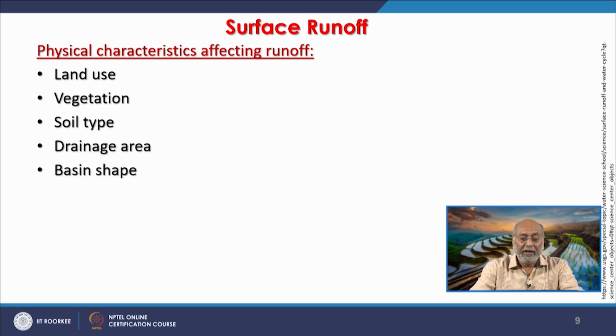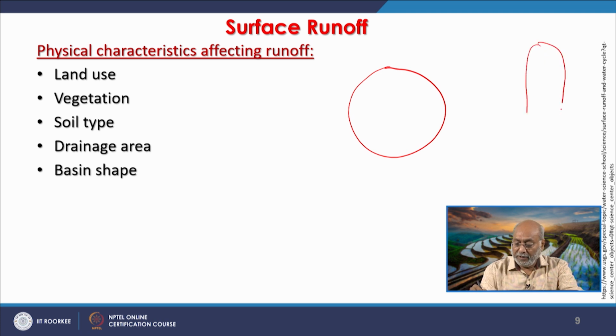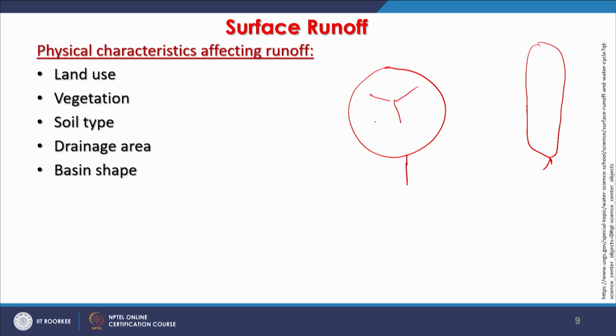Even the flooding. If I give you an example, I have a basin, which I am just drawing like this. The outlet of this one is here, and the drainage is all coming at the center like this, and finally it is coming out like this. If we have this kind of scenario, where the shape of the drainage basin is rounded, there are more chances of flooding, because all these streams will bring water almost at the same time to the center.